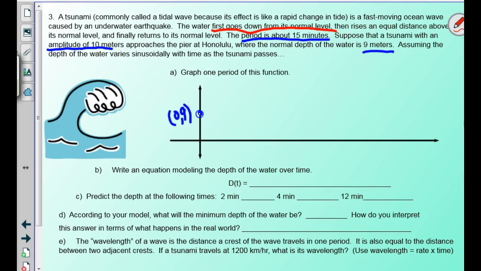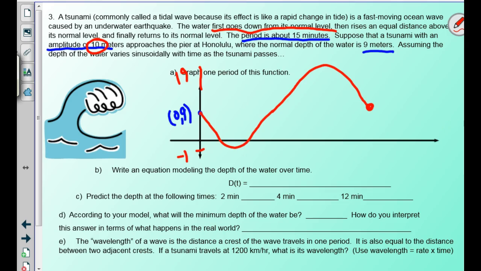How far down? Yeah, it says an amplitude of 10, so it's going to go down, and then it's going to come back to where it was, and then what's it going to do? And then the actual tidal wave or the tsunami comes in, right? And it goes up another how much? 10, so that would be 19. And then back to where it was.